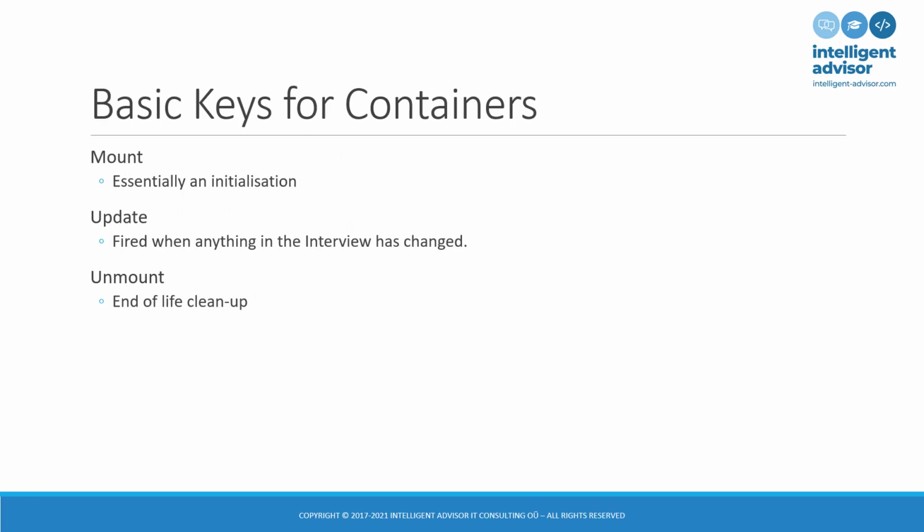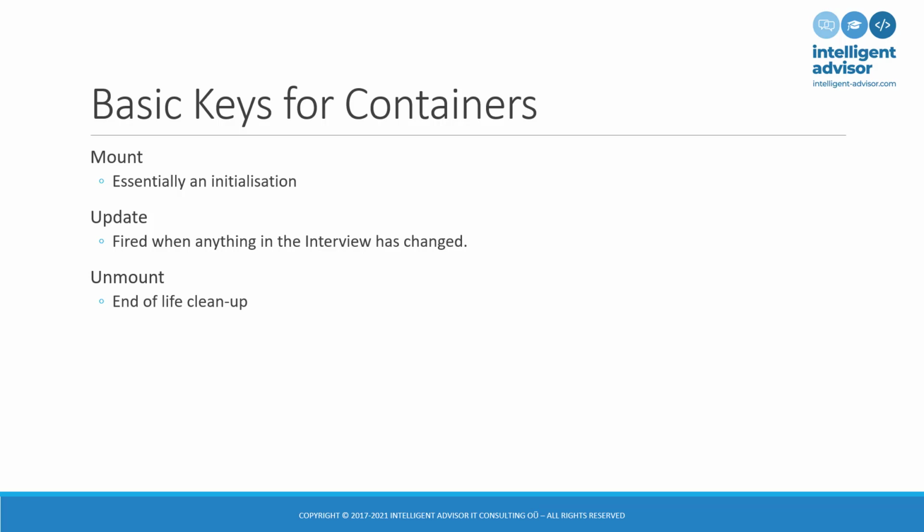So what can we do in JavaScript with a container? We spoke a moment ago about how every piece of JavaScript extension code has to handle significant events in the life cycle of that object. And we talked about how in an input you would have to generate the HTML, you would have to validate the data entry, and so forth. A container has essentially 3 basic object keys. The mount key, which is essentially initialization.